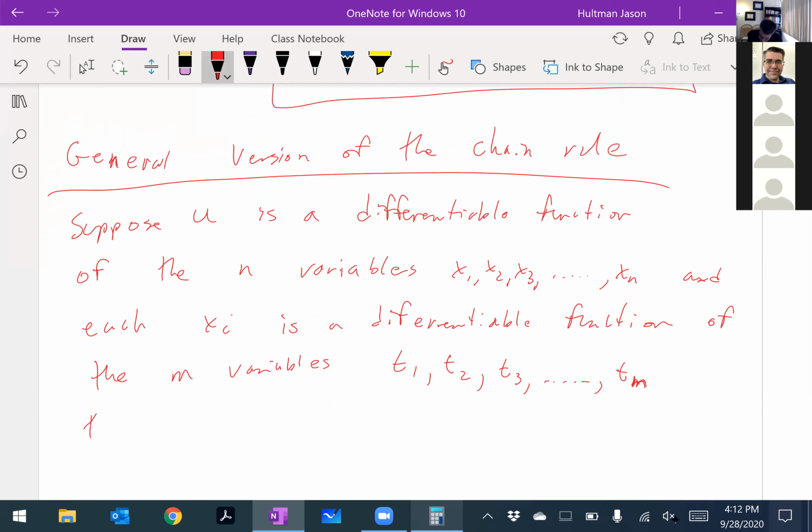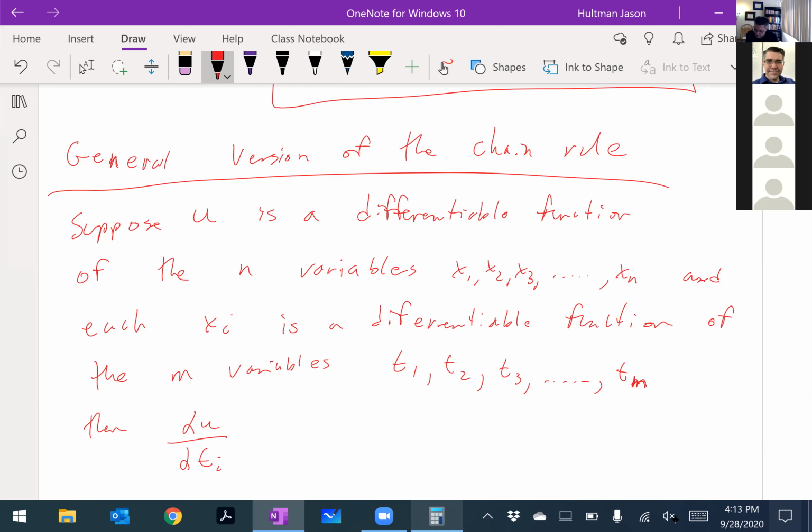Then, how do we find the partial? Then the partial of u with respect to ti, any of these t's, with respect to s, with respect to t, with respect to w, however you want to label them.